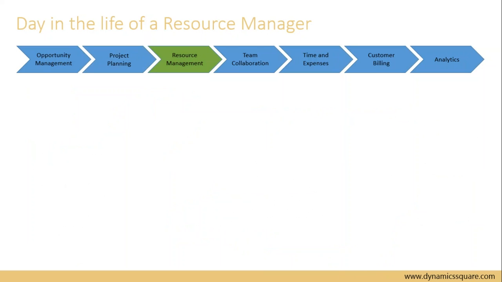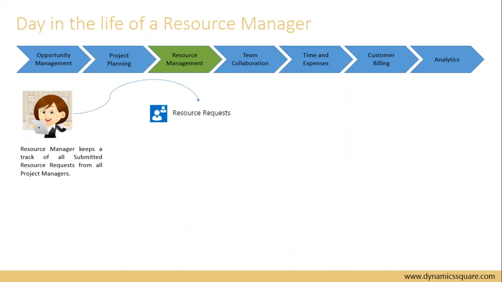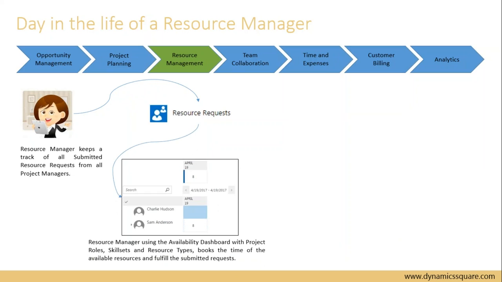Our resource manager, having access to all the resources, their skill sets, their proficiency levels for all the skill sets and their availability, is able to find the best available resource for the tasks of the project and books the time for the resources against the tasks.